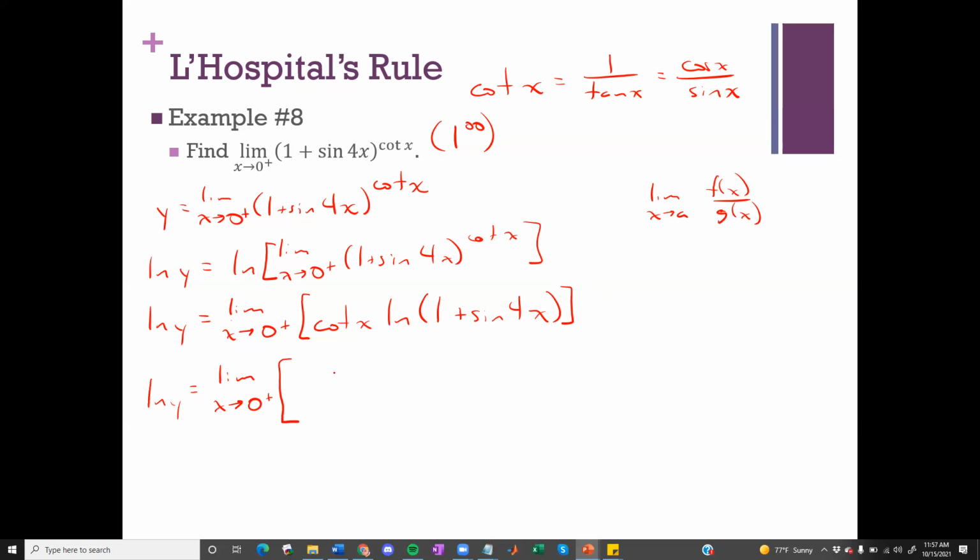I'm going to make it a little more compact and call cotangent of x 1 over tangent of x. So I'll have the natural log of 1 plus sine of 4x over tangent of x. Is this an indeterminate form?